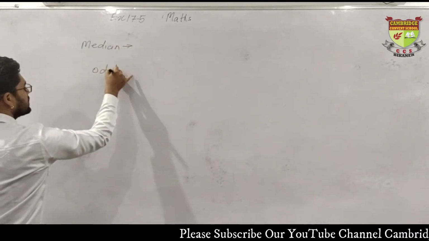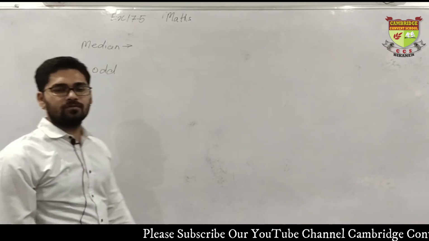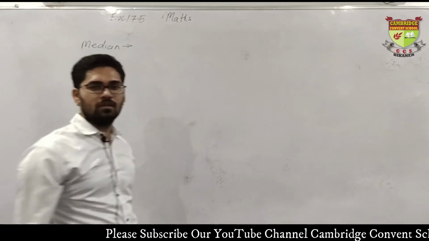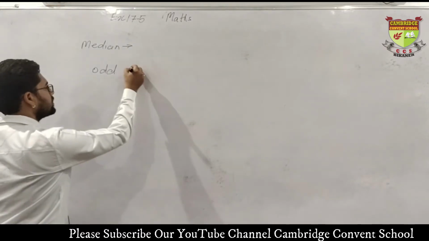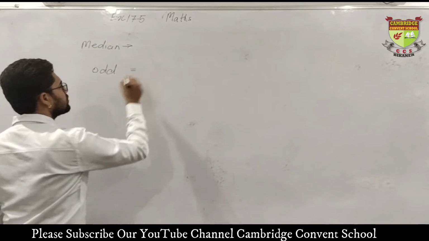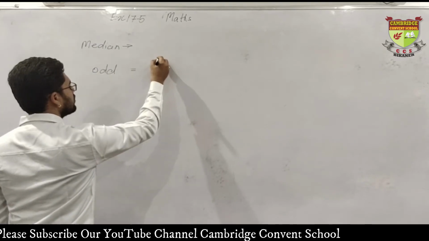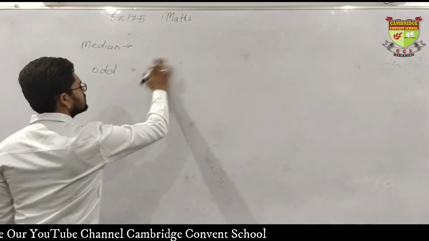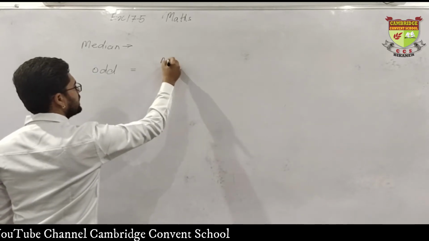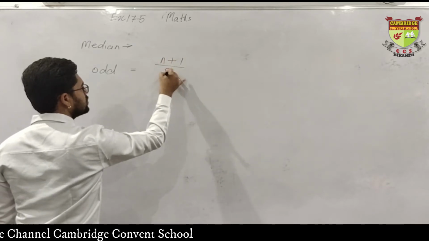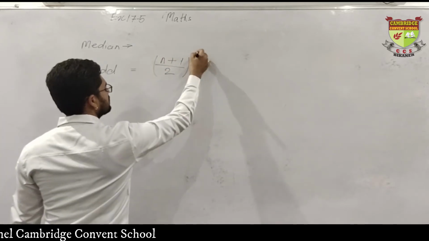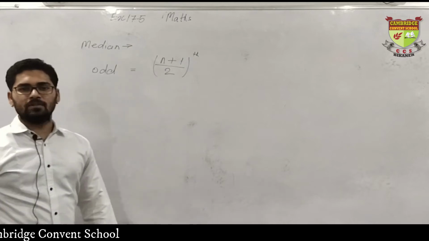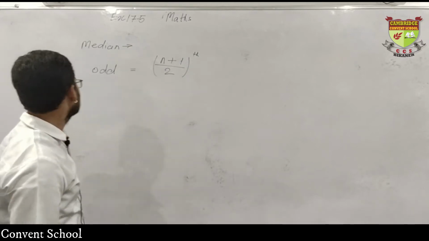There may be 2 conditions. If the number of terms is odd, then the formula of median will be (n plus 1) upon 2 th.